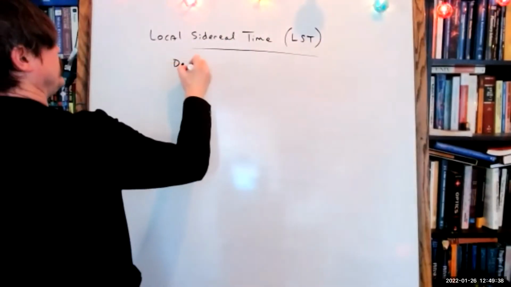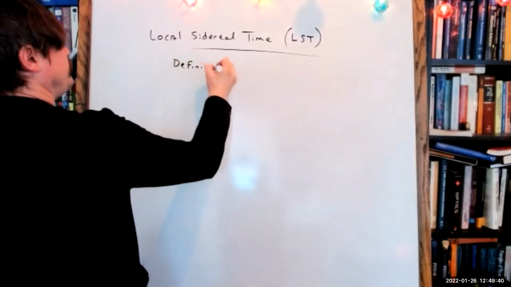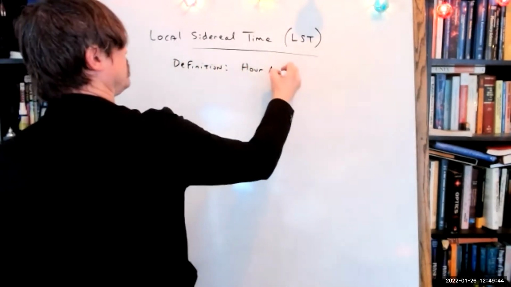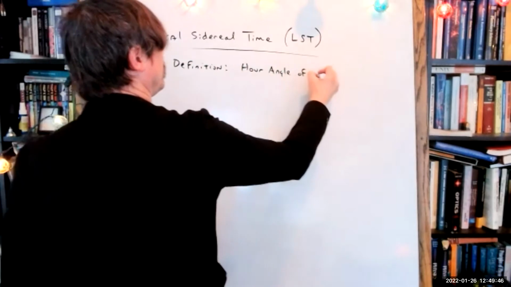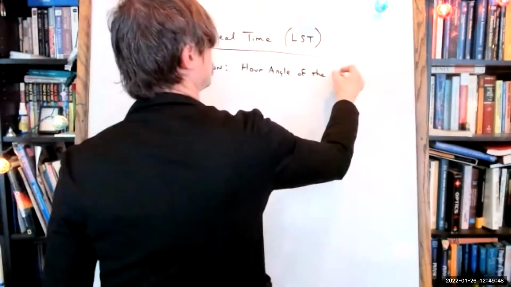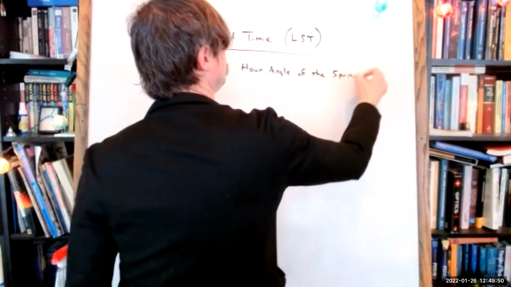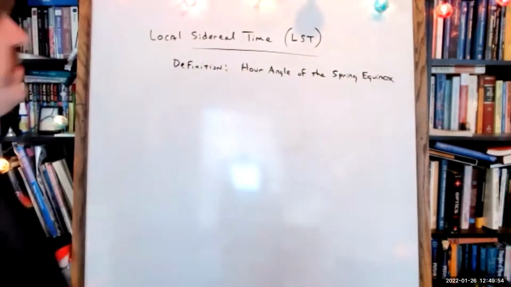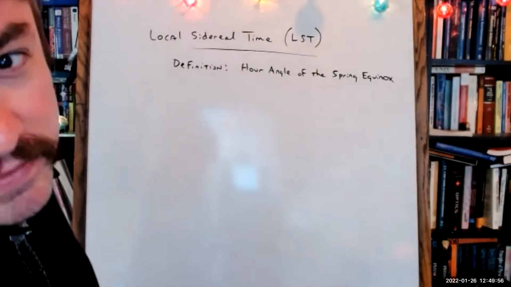The definition is the hour angle of the spring equinox. Okay, that probably doesn't make any sense to you. I get that.